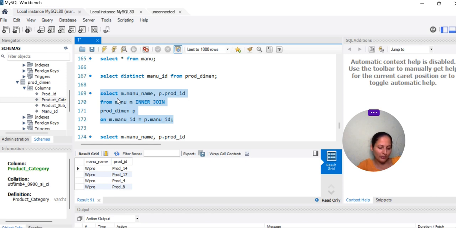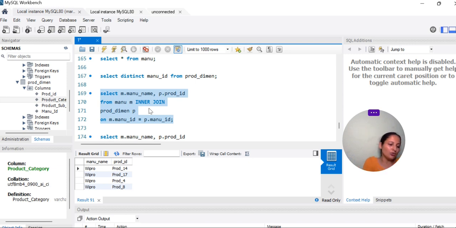I will execute this query. I am displaying the manufacturer name and the product ID of the product by doing an inner join between product dimension and manufacturers. All of you till now are very much familiar with inner join and how to write its syntax.